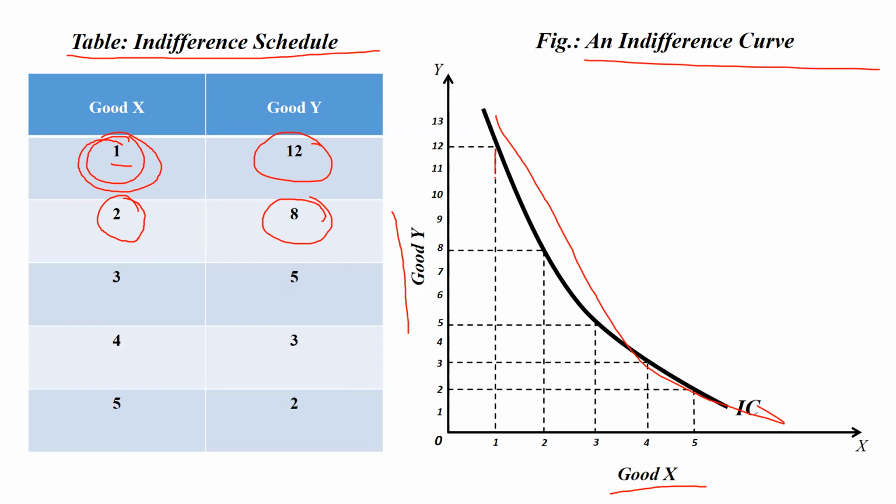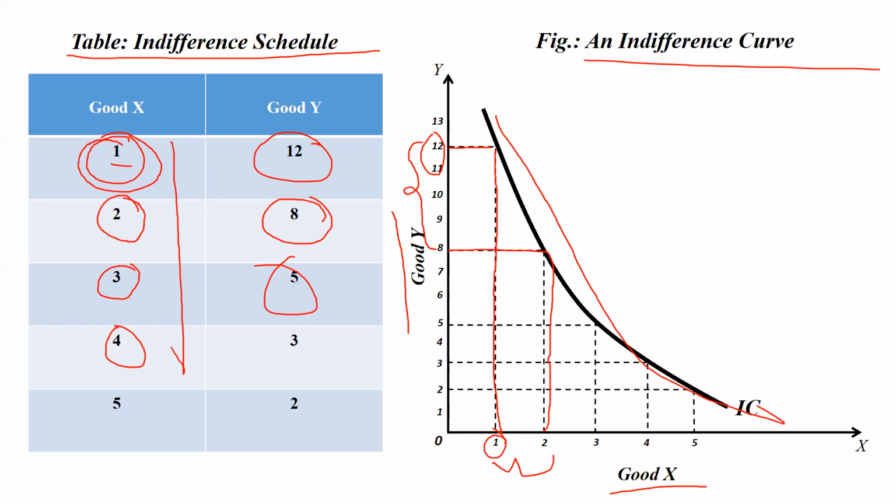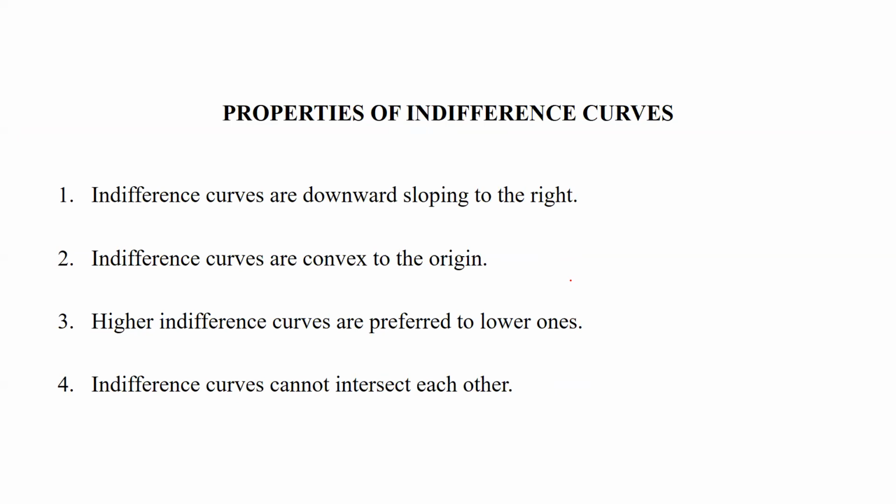You can see this line representing the combination: one commodity of good X with 12 commodities of good Y. When he consumes two commodities of X, he sacrifices four commodities of Y, and so he is able to increase one commodity of X. The same here: three, four, five commodities, because the customer is increasing X and reducing Y. When he wants to consume 5 units of X, he consumes only two commodities of good Y.